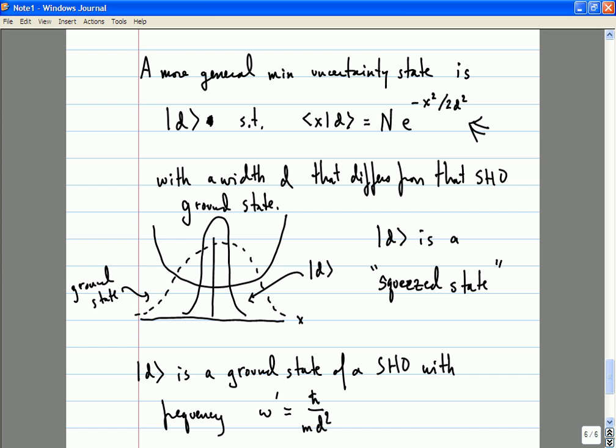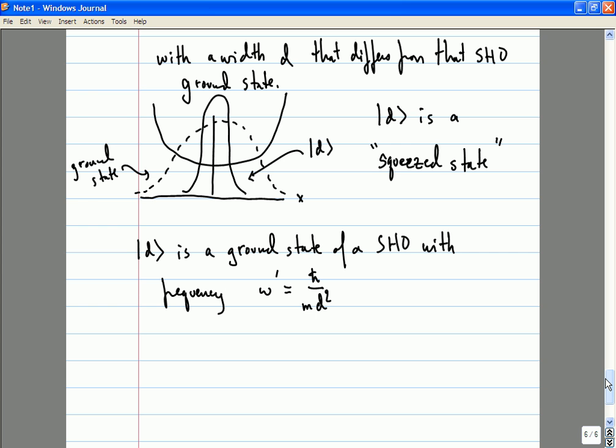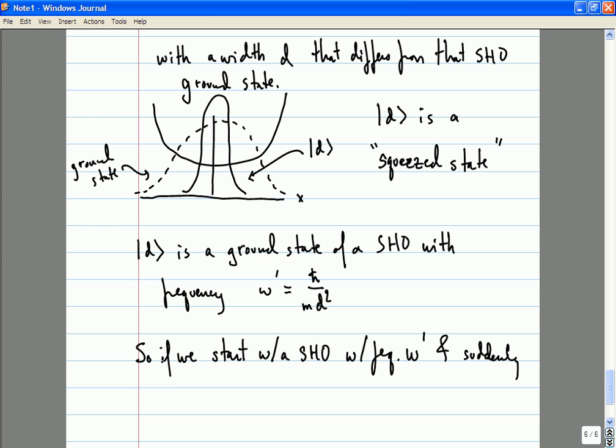So, why are squeezed states relevant in physics? Well, squeezed states are relevant in physics for the following reason. So, let's imagine that we start with a simple harmonic oscillator with frequency given by omega prime, and then we suddenly change the potential, meaning that we change the frequency to omega.